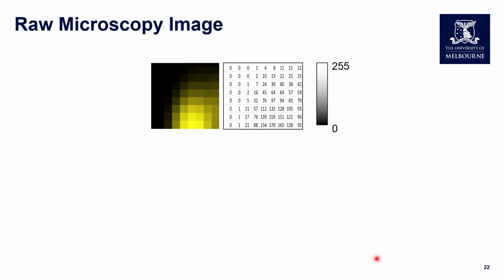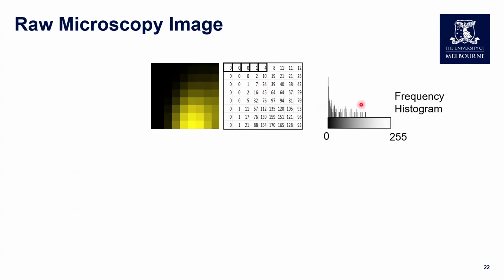Okay, let's have a look at another intensity feature of our microscope image. This example image was encoded as 8 bits. Now you know what 8-bit means. So the intensity range is from 0 to 255. And if we plot how many pixels there are for each intensity value, for example, we can count 0, 0, 0, and 1, and 4, like this, for the entire image, then our image can be presented as a frequency histogram.